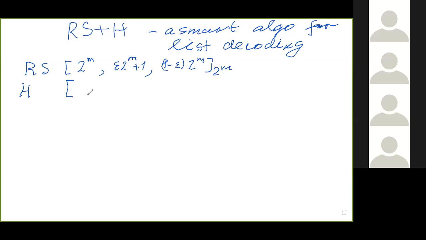not all affine functions, but only linear ones. So we assume that the constant term is 0. In this way, we lose half of the code words, so the dimension will be n, the code length will be 2 to the m, and the distance remains intact, 2 to the m minus 1.